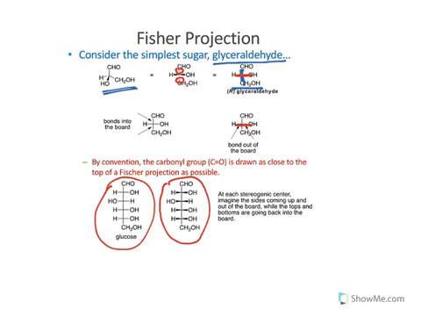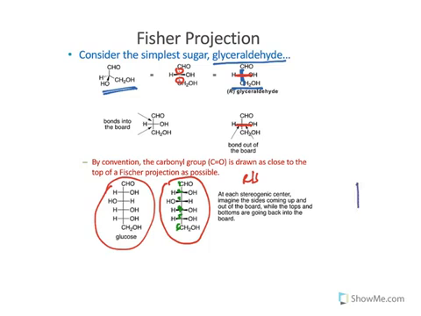We can use this strategy to determine the R and the S configurations. So let us take, for example, if we label the compound, let's say this is carbon 1, 2, 3, 4, 5, and 6, then we can determine the stereochemistry at position 2.